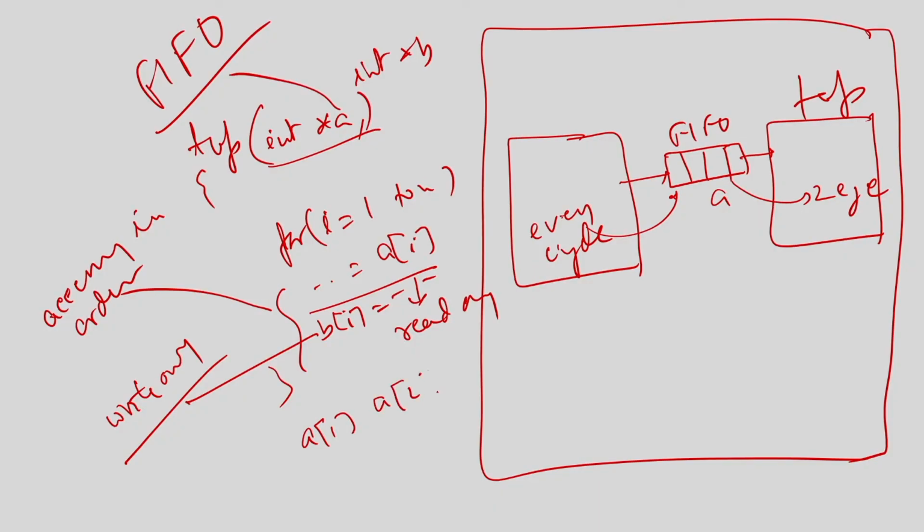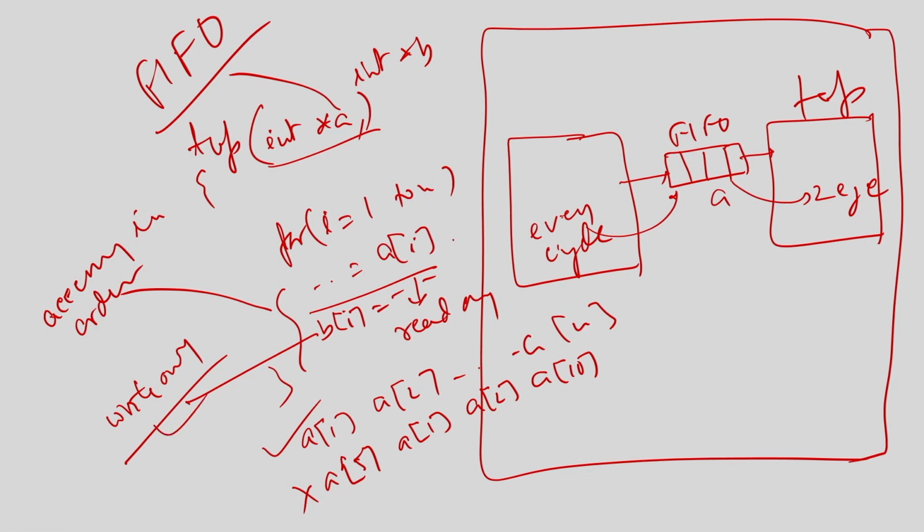Are you accessing A1, A2 to An in order, or A5, A1, then A2, then A10? That is a random order. If it is write only or read only and in order, it will automatically be converted into a FIFO. And FIFO has the biggest advantage that these two modules can run asynchronously.